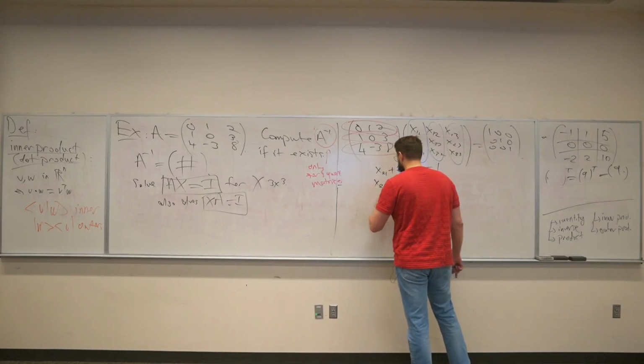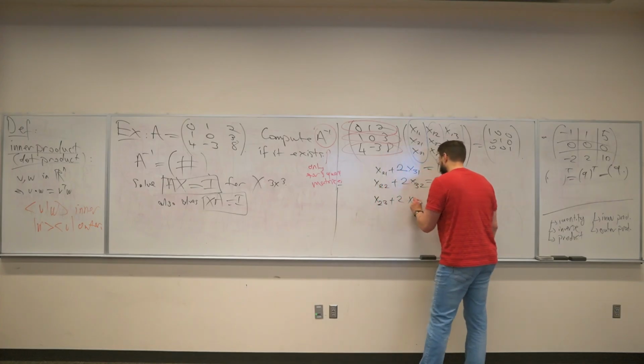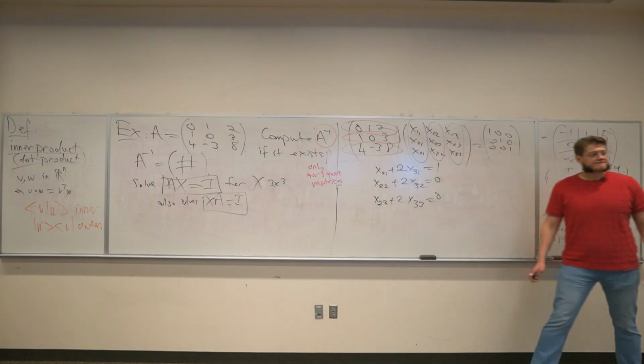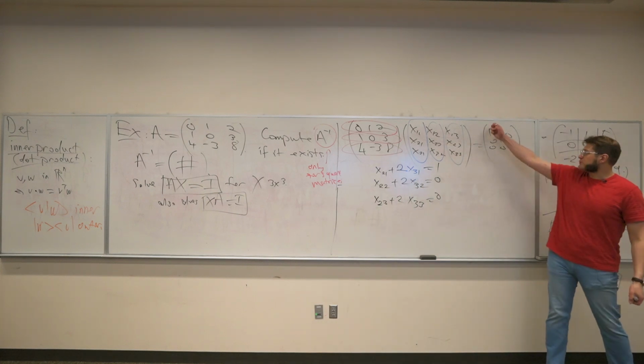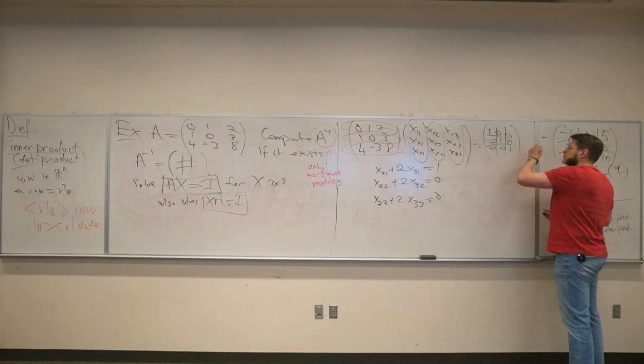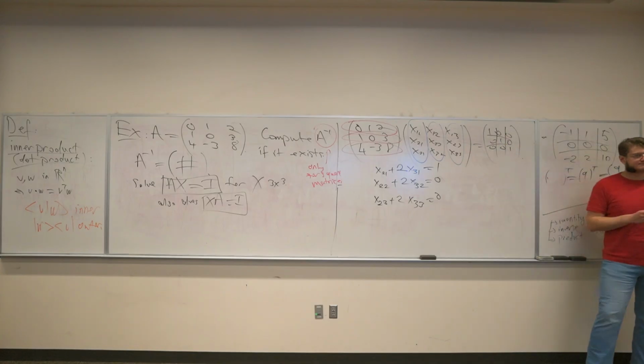And then x23 plus 2x33 equals 0. I just opened up these 3 entries, and there's 6 more.